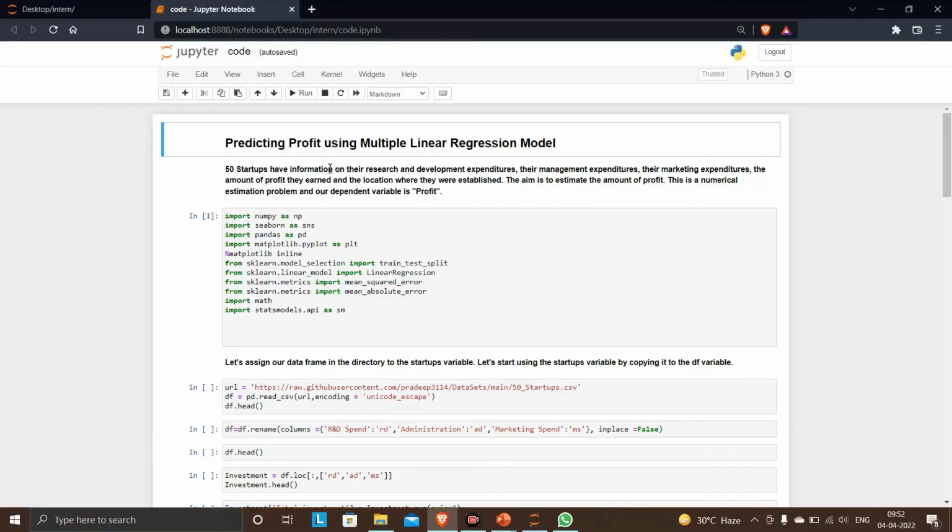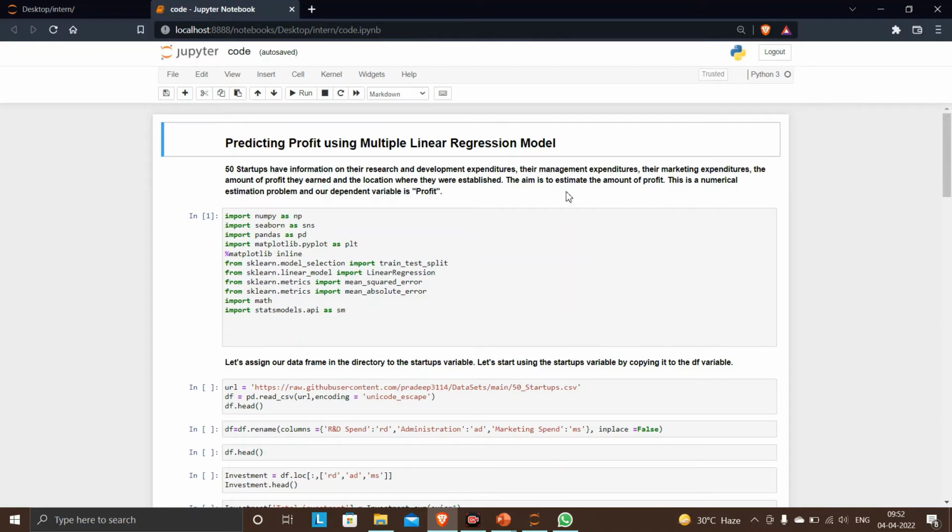So here is my Jupyter notebook, which I have used for coding for predicting profit using a multilinear regression model. I have discussed our dataset, that we have 50 startups' information of their research and development expenditure, their management expenditure, and their marketing expenditure, and the amount of profit they earn.